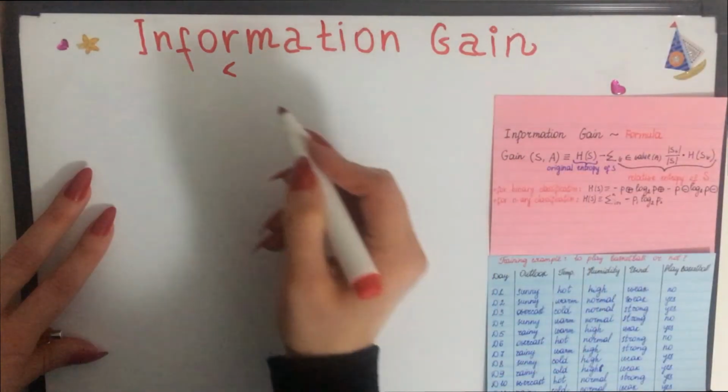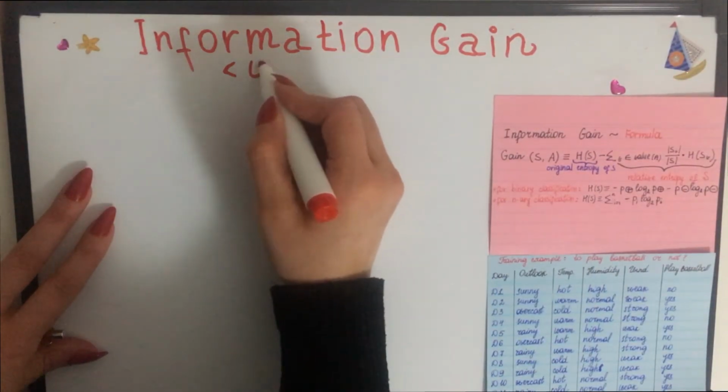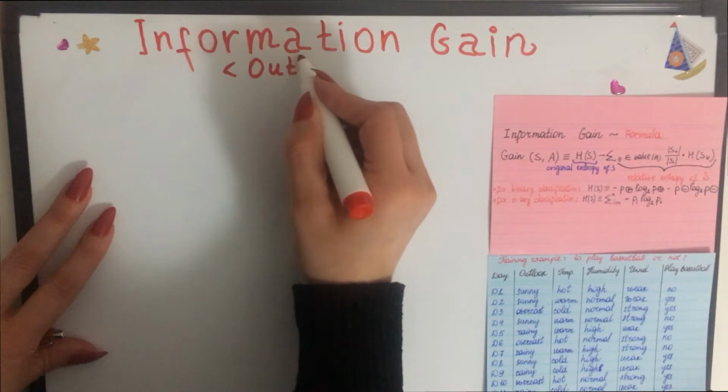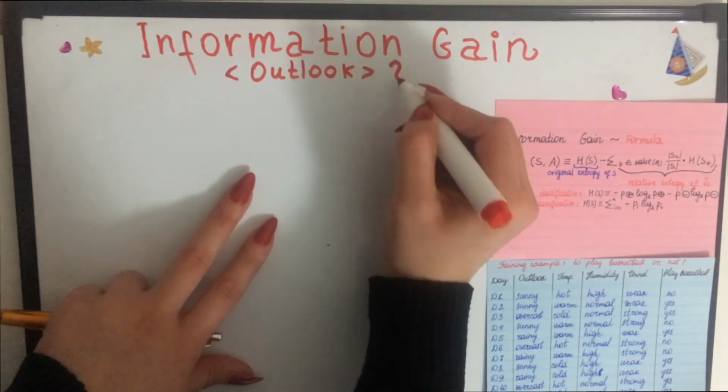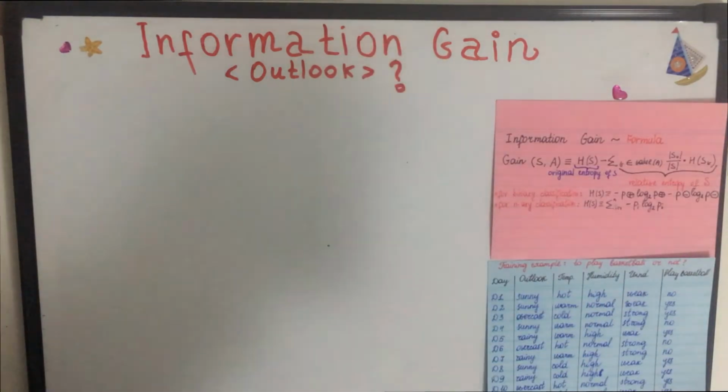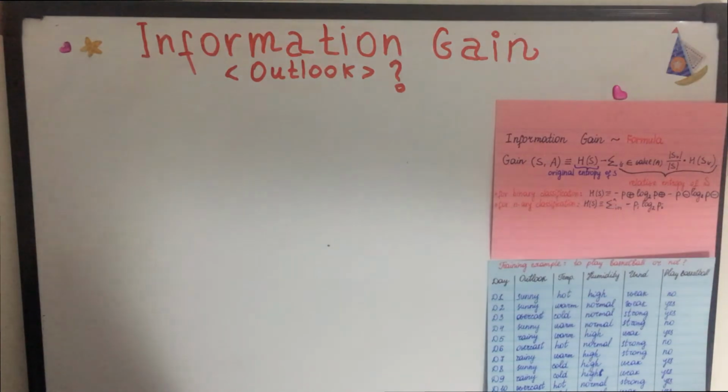So let's choose one of those columns and calculate the information gain of that. In this case, let's calculate outlook, for example.